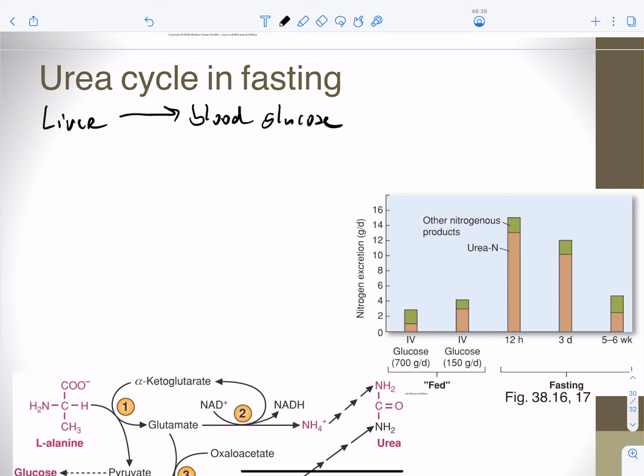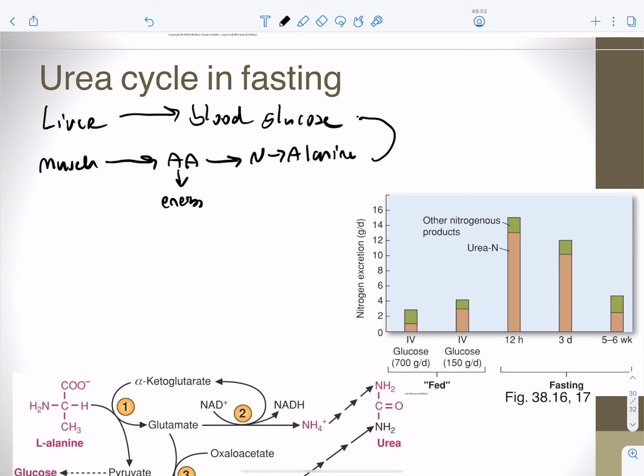The muscle uses proteins. So it's going to release, let's break down proteins for energy. And then the nitrogen is usually going to go to alanine. And then this can go to the liver and generate pyruvate, which then can make glucose.